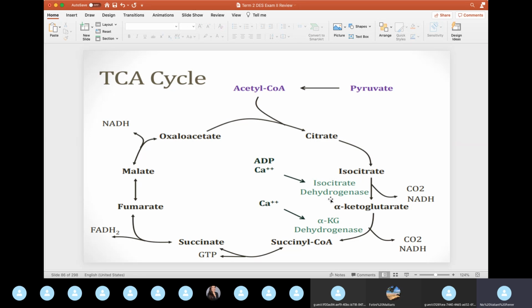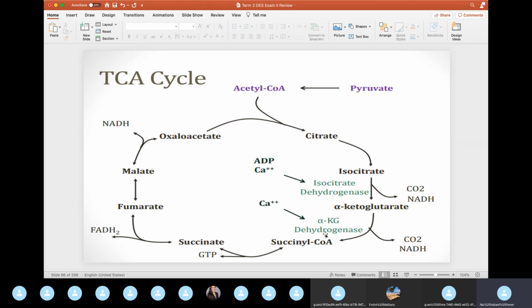Important enzymes, let's highlight. Isocitrate dehydrogenase is stimulated by decrease in energy, inhibited by increase in energy. Another important enzyme, alpha-ketoglutarate dehydrogenase. It requires the same cofactors as the pyruvate dehydrogenase complex. Don't forget B1, B2, B3, B5, and lipoic acid.